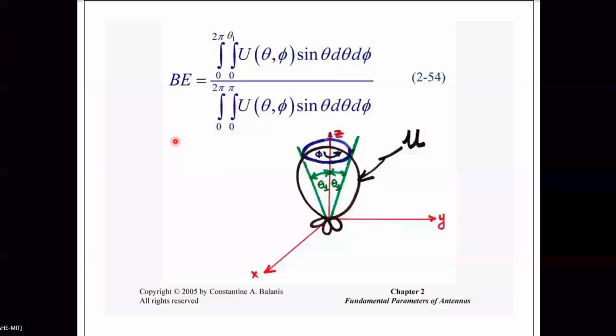And in the denominator, this gives the total radiated power. This gives the power within that angle theta 1. It is not a cone exactly. So this is the power within that angle theta 1, and this is the total power.